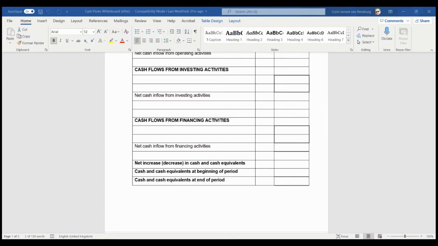Because if it should be a negative and you don't show it in brackets, you're not going to get the mark. But also for this statement to make sense, if you add up all the positives and you deduct all the negatives, then it should actually work out. It should add up correctly, right? So please make a note of that. It is important to indicate your inflows as positives and your outflows as negatives.